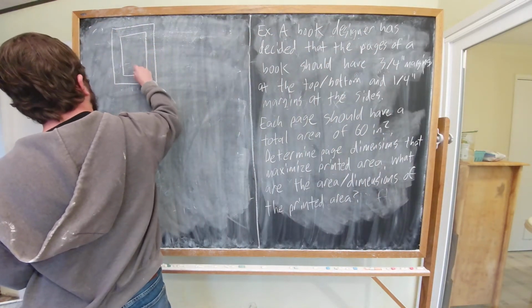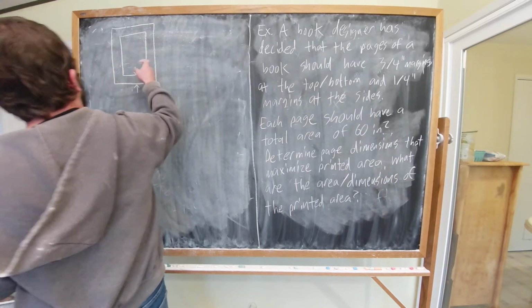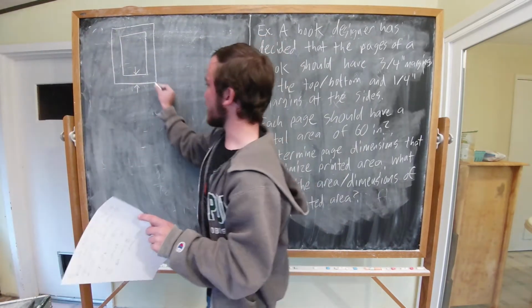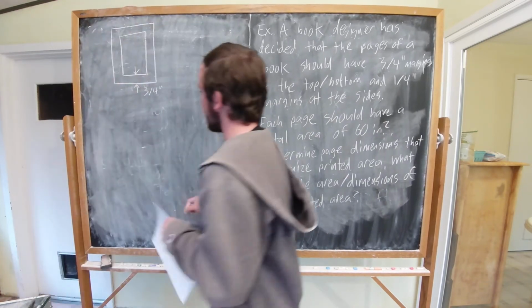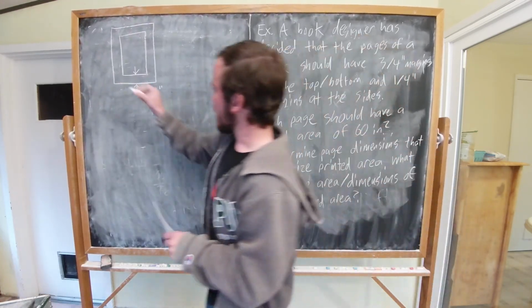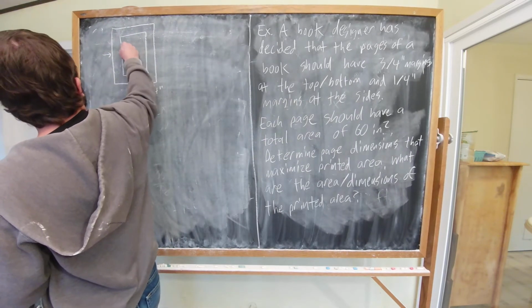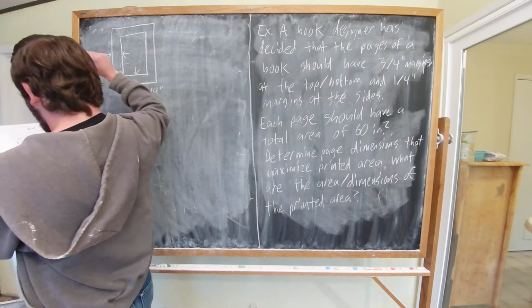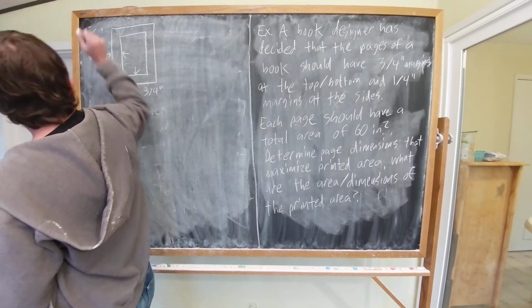So using classic engineering notation, we'll put 2 arrows there and 3/4 inches. And over here on the sides, we have 1/4 inch margins.